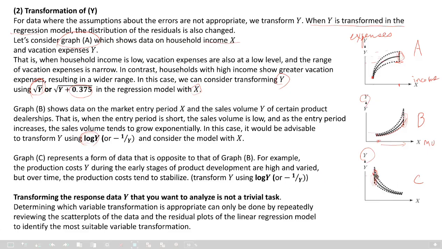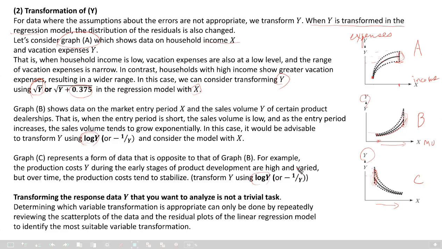Big means varied, okay? Variation is large. But over time, the production costs tend to stabilize. In this case, transform y also using log y or minus 1 over y.